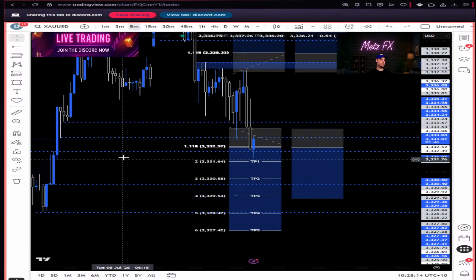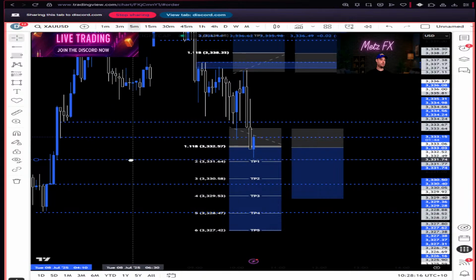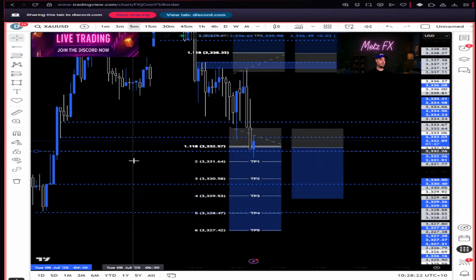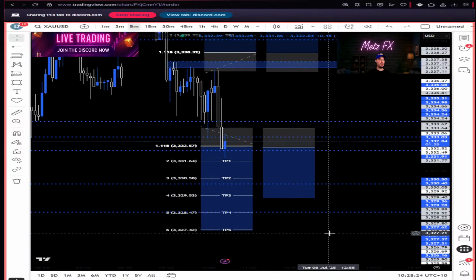Tracking from this level. No, this zone there. Come on, man. Make up your mind. Either go down or put us out of our misery. Right, end it.